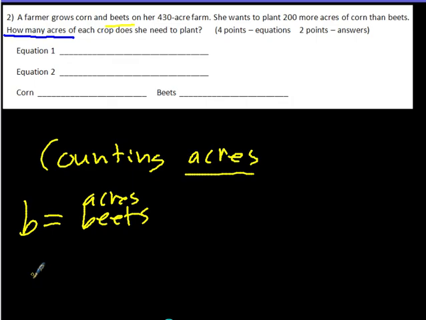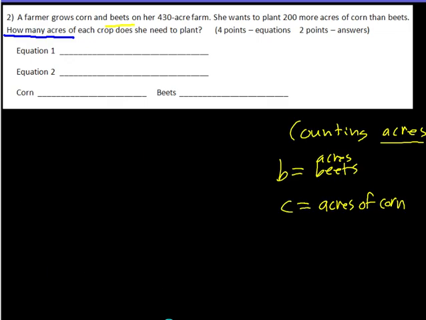And corn, right? C equals, I'll write it, acres of corn. Defining a variable is a huge step in solving a problem like this. Just wanted to move that off to the side so I have some space to work.